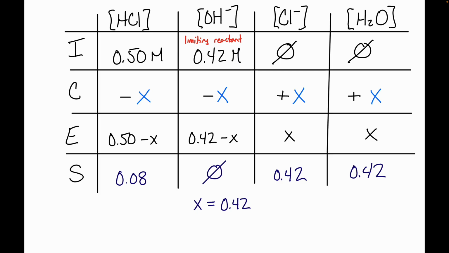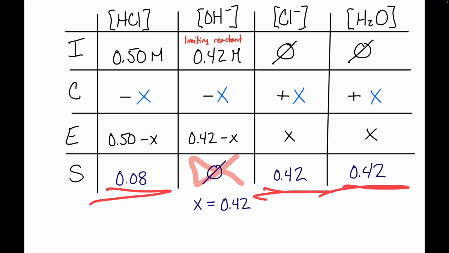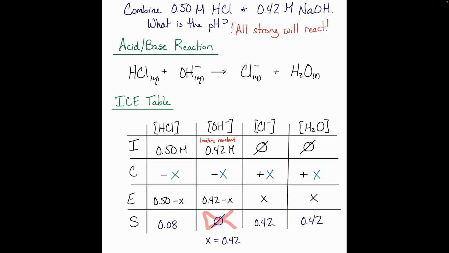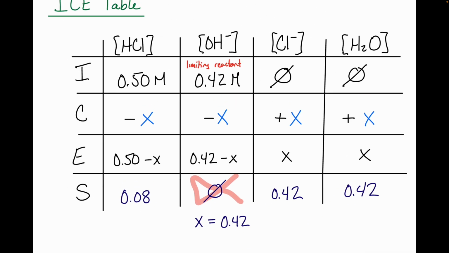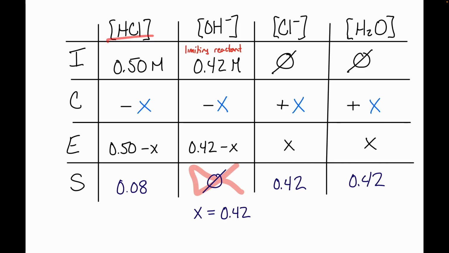So once I've mixed these two things together and that reaction has come to equilibrium, I don't have any hydroxide left over. I get a mixture of my HCl, my chloride ions, and my water. Now I asked you what the pH of this solution was. So out of these three here, hydrochloric acid, chloride, and water, which one do I not care about in terms of my pH? The water.